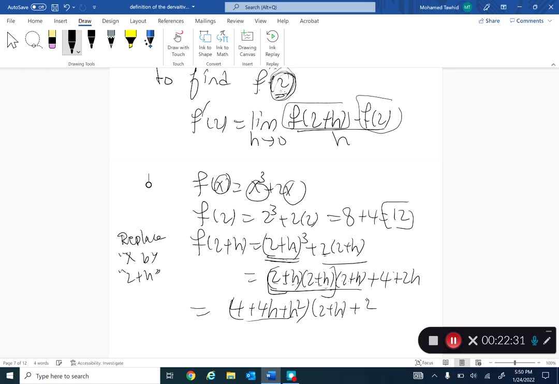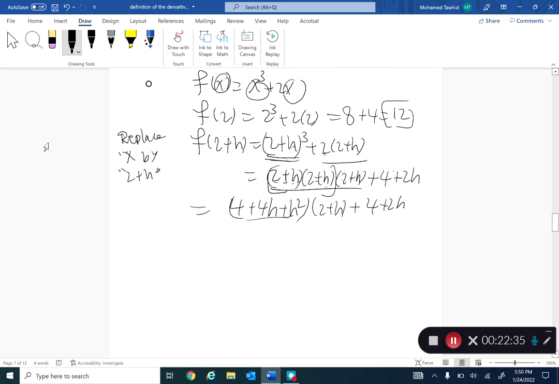So 4 multiplied by 2, you get 8. 4 multiplied by h, you get 4h. 4h multiplied by 2, you get 8h. 4h multiplied by h, you get 4h square. h square multiplied by 2, you get 2h square. h square multiplied by h, you get h cubed.